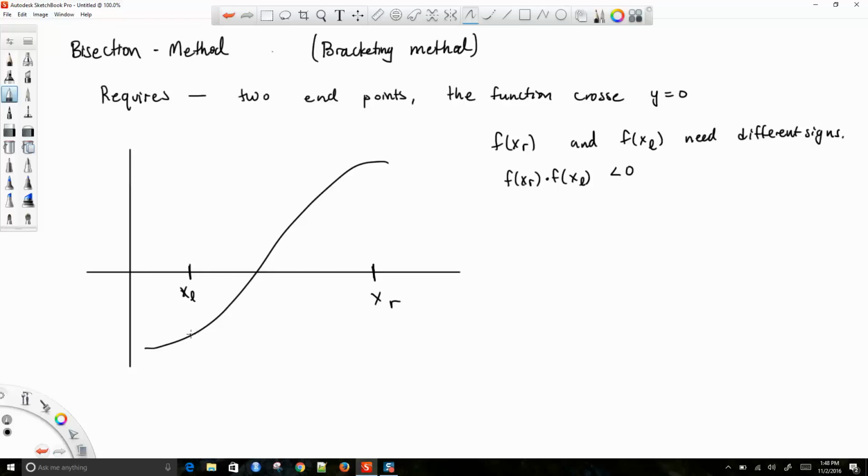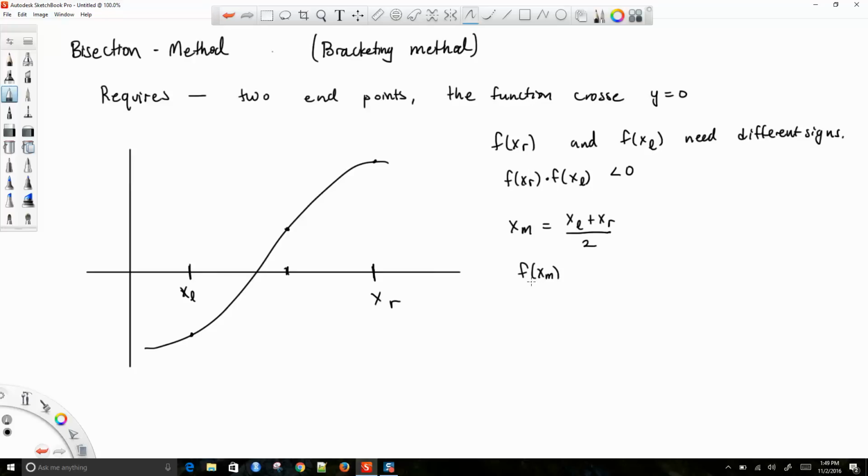And then all you're going to do is just take the halfway point, okay? And you get x of m, which is halfway between the two points, okay? And then you calculate f of x of m, okay? Really, if you don't want to calculate what this is, you only need to calculate the sign of this.